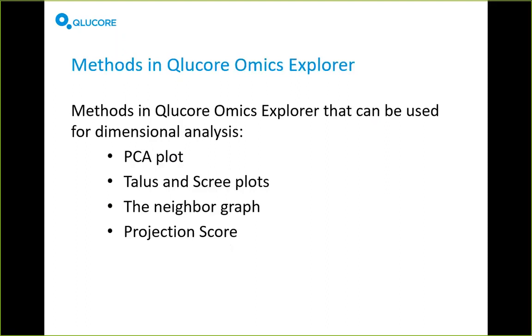We'll also take a look at something called projection score, which is a method developed here at Qlucore that we use to find the best possible projection for a data set. So those are the methods available in Omics Explorer.